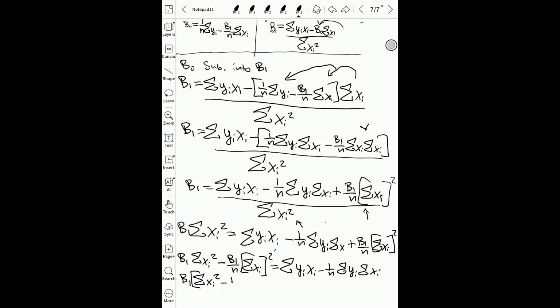So this is just 1 over n now. Right, if I distribute that beta 1, I'm going to get back exactly what I just had, so we haven't changed anything, which is what we're going for. Never want to lose a term by accident.